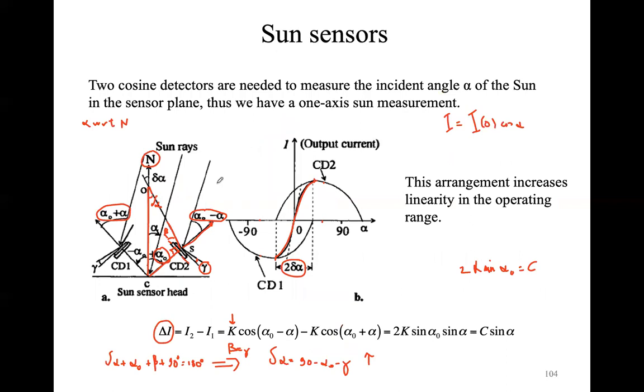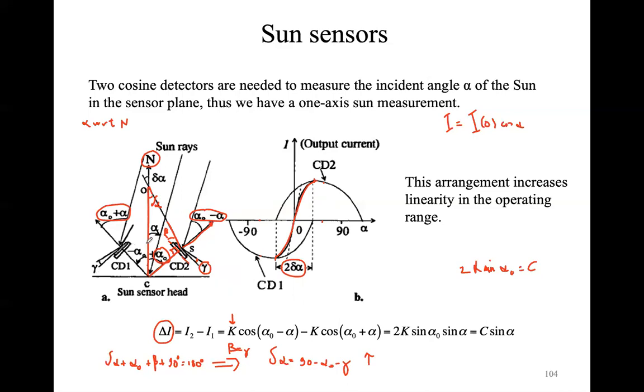To avoid the problem given by the ambiguity of the position of the sun with respect to the normal of this sensor, we have seen that you can place two independent sun sensors at different angles. If you assume that n here is the normal of the optical plane of the sensor, so this is the sun sensor head, you have a normal, and you put two sun sensors with an inclination plus alpha 0 and minus alpha 0.